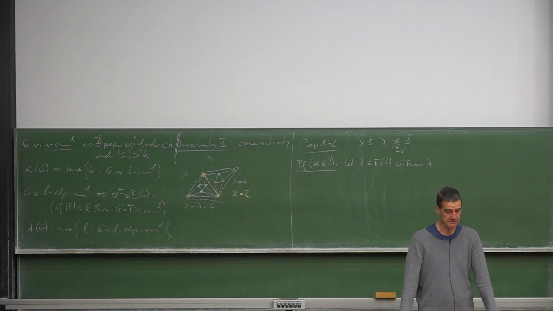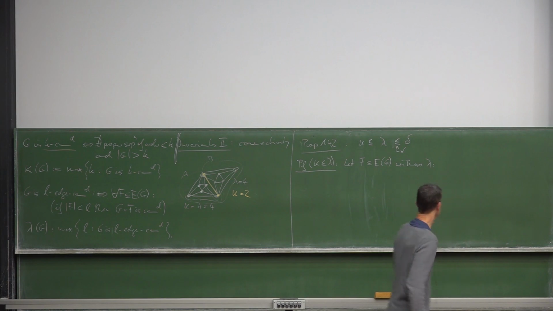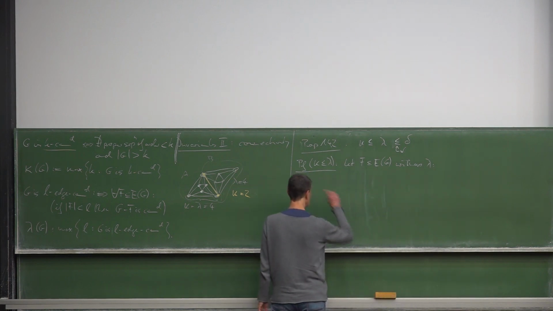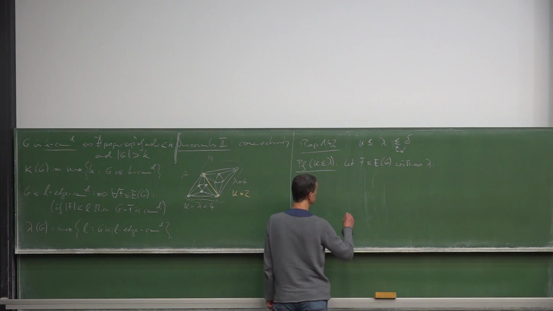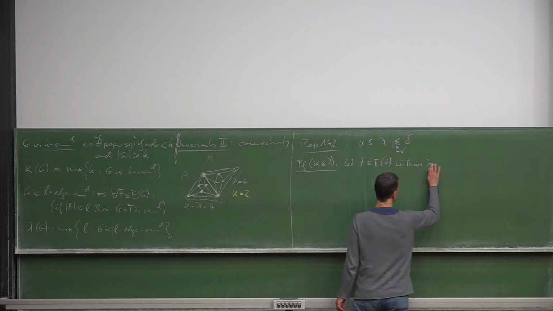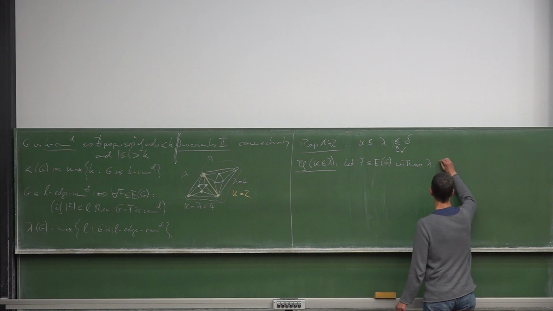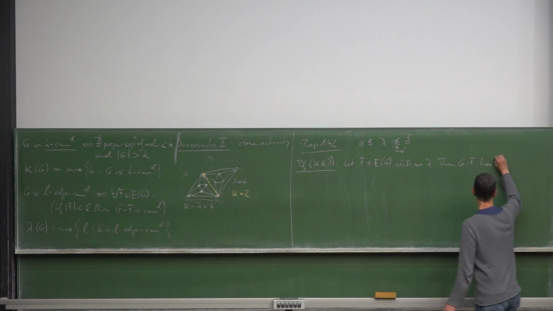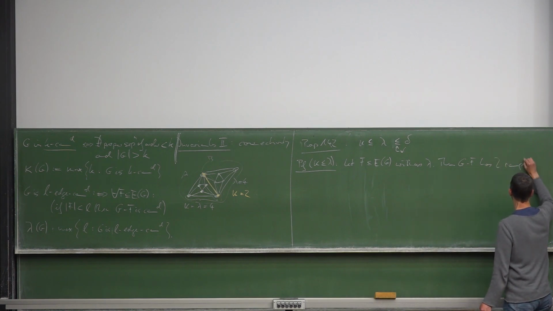That will be a witness. Okay? So, then G minus f has two components.